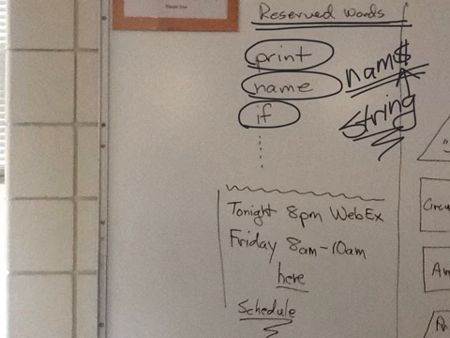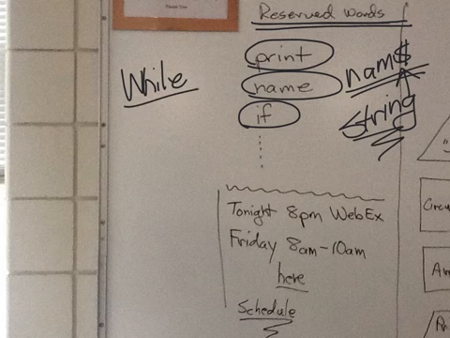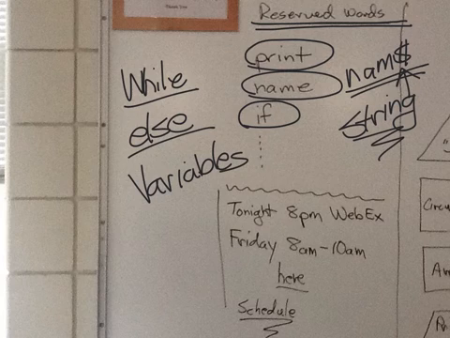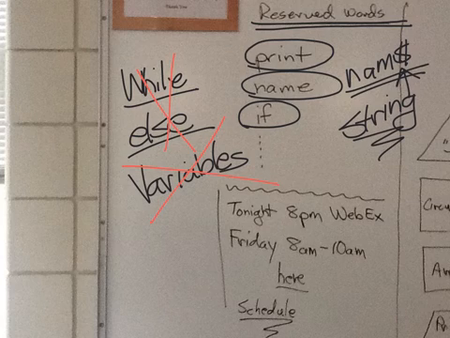Okay, so if you're doing your coding and you run into an issue, for example, you can't use the word while, you can't use the word else, you can't use those as variables. Cannot use those as variable names.